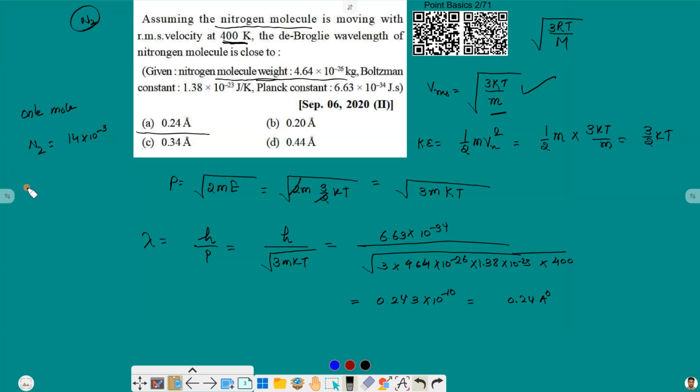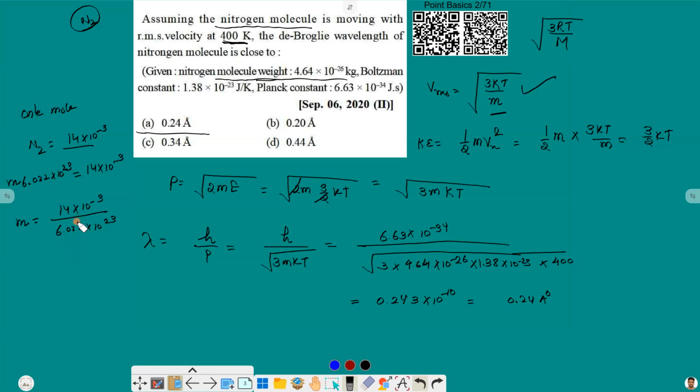Now, in one mole there will be Avogadro number of molecules, 6.022 into 10 raised to power 23, equal to 14 into 10 raised to power minus 3 kilograms. And here will be the mass of one molecule. So small m will be 14 into 10 raised to power minus 3 divided by 6.022 into 10 raised to power 23. So that's how we can calculate if it is not mentioned in the question.